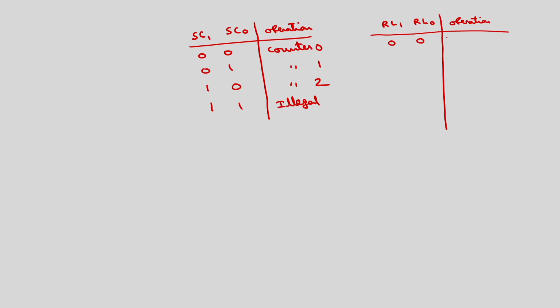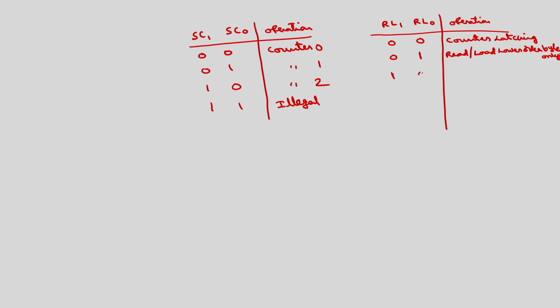The operation is, we have 4 combinations. 0 0 means counter latching operation; I will discuss what this counter latching operation is while discussing the modes. 0 1 means it will read or load the lower order byte only, that is, for 8-bit operation, lower order 8 bits only.